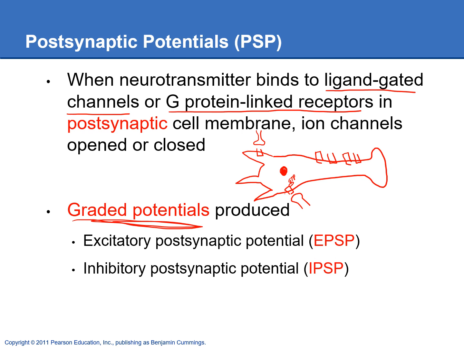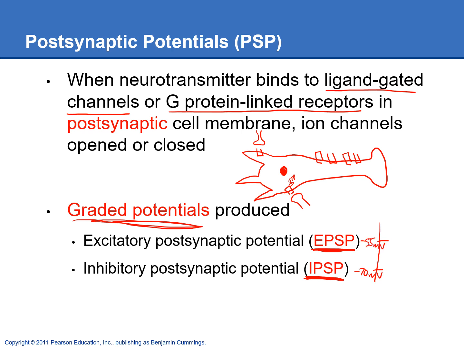And if they're excitatory, we're going to call them excitatory postsynaptic potentials, or EPSPs. And if they're inhibitory, we're going to call them IPSPs, so inhibitory postsynaptic potentials. So we're just talking about, are we going to be getting close to threshold or not with our graded potentials?